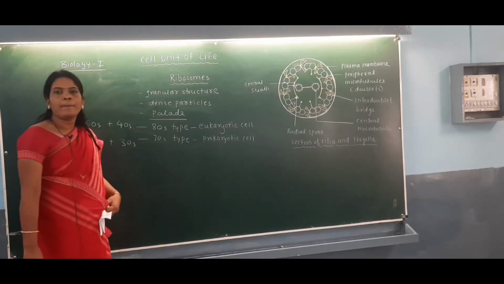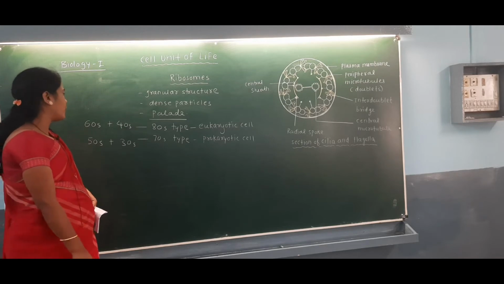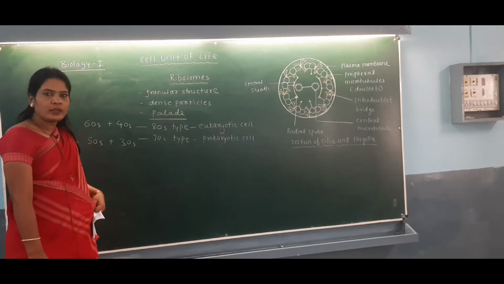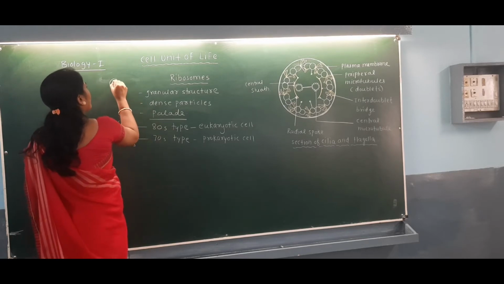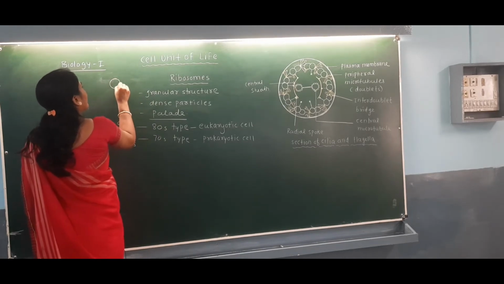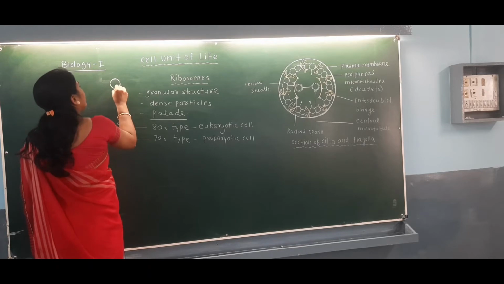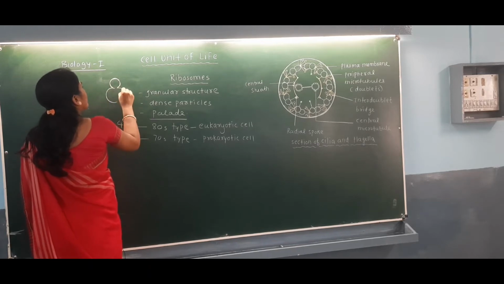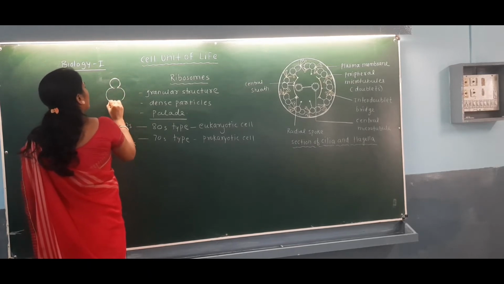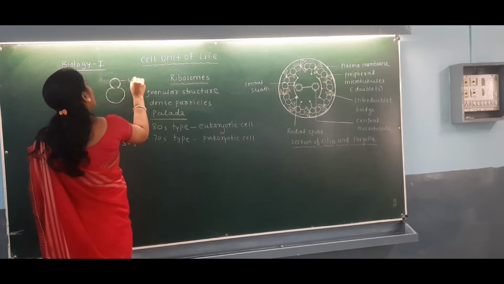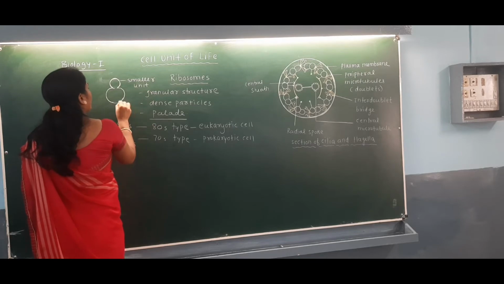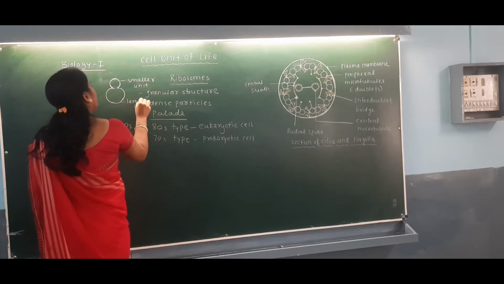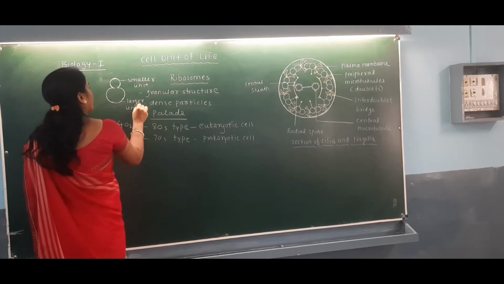Then what is meant by the 50S, 30S, or the 60S and 40S? Here if we see the structure of any ribosome, whether it is prokaryotic or eukaryotic, you can observe the structure of the ribosome. This is called the smaller unit of the ribosome, and this is called the larger unit of the ribosome.